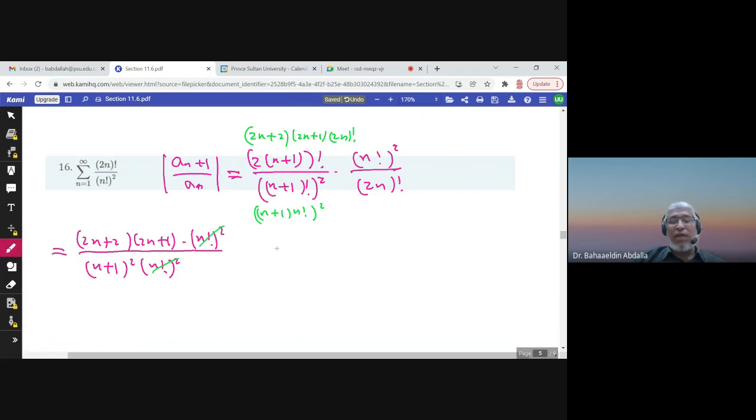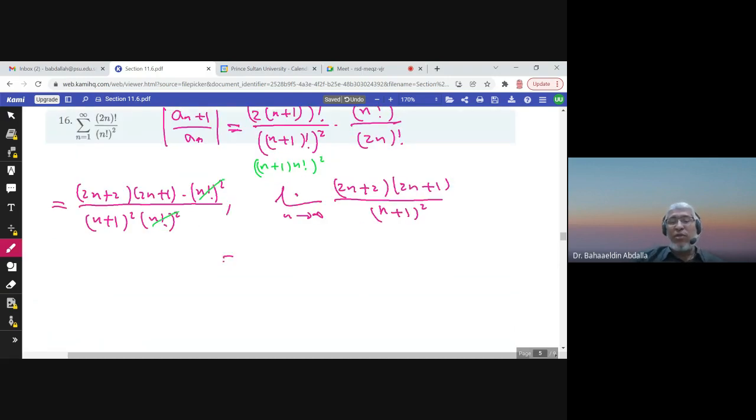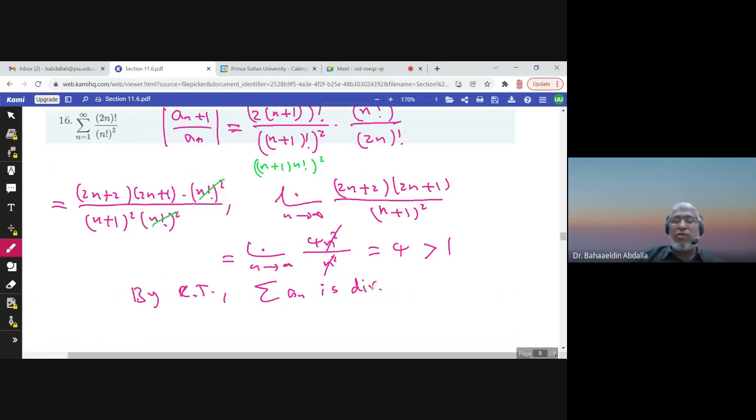And now I can find the limit when n goes to infinity of (2n+2)(2n+1) over (n+1) squared. And how do we usually find this limit? We take the term with the highest power. The term with the highest power in the numerator is 4n squared, and here n squared. n squared cancels with n squared, and the limit is 4, but 4 is greater than 1. So by the ratio test, the summation of a_n is divergent.